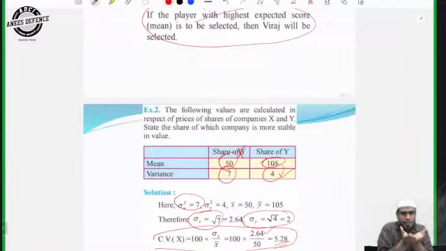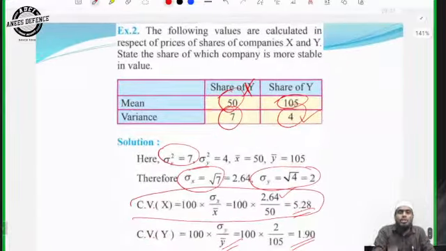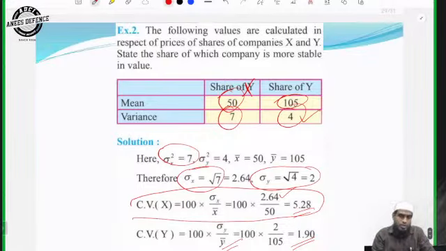So if you observe the performance of these two companies, you cannot use the standard deviation or variance concept here. Here you have to use coefficient of variance. If you use coefficient of variance, you will be able to say the consistency of the two companies. If the value of the coefficient of variance is less, then we can say that the company is more consistent.